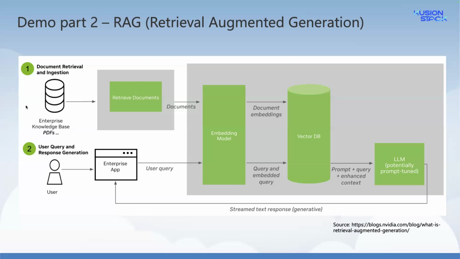The first thing we can do is to save our enterprise knowledge as a PDF, convert the PDF into embeddings by the embedding model, and then store the embeddings into the vector DB.